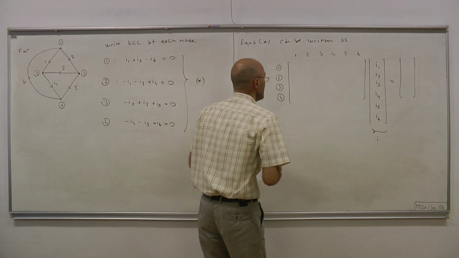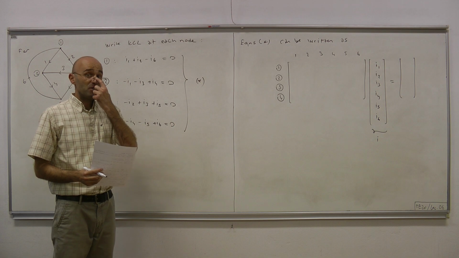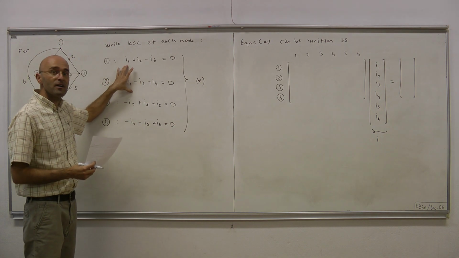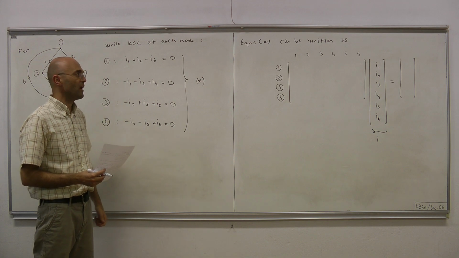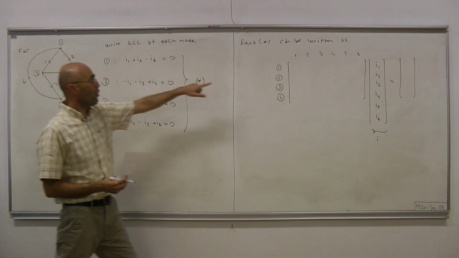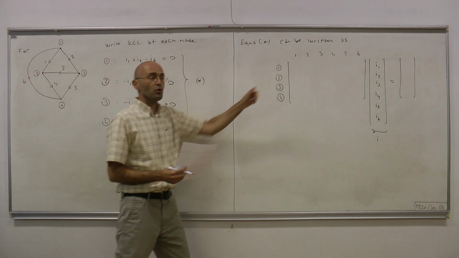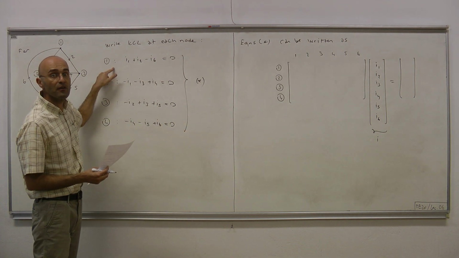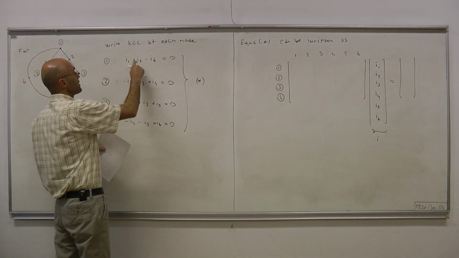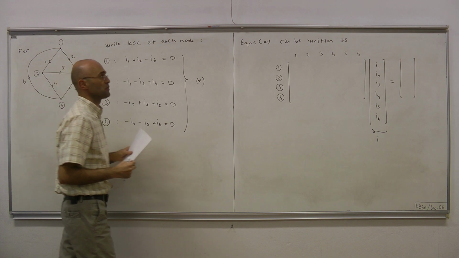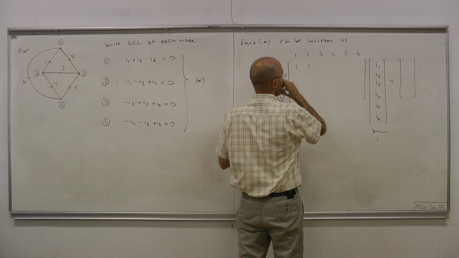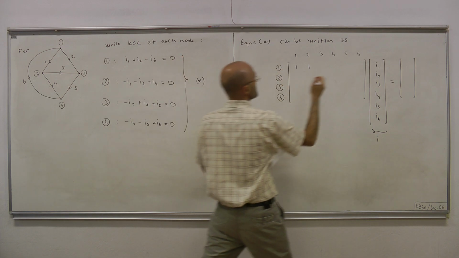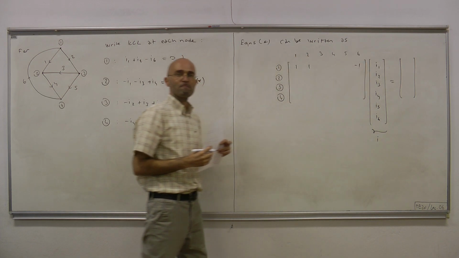The entries of that matrix will be directly coming from these equations that we wrote using KCL. For the first row, which is assigned to the first node, we'll get the first equation, which says I1 plus I2 minus I6 equals 0. So for I1, I2 we have 1, 1, and for minus I6 we have minus 1.